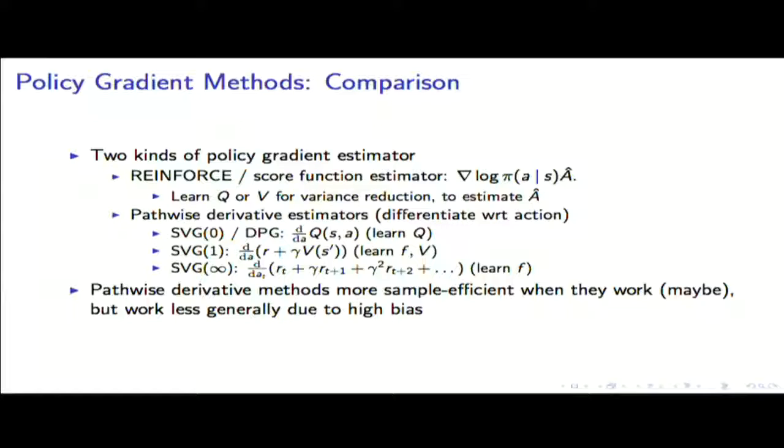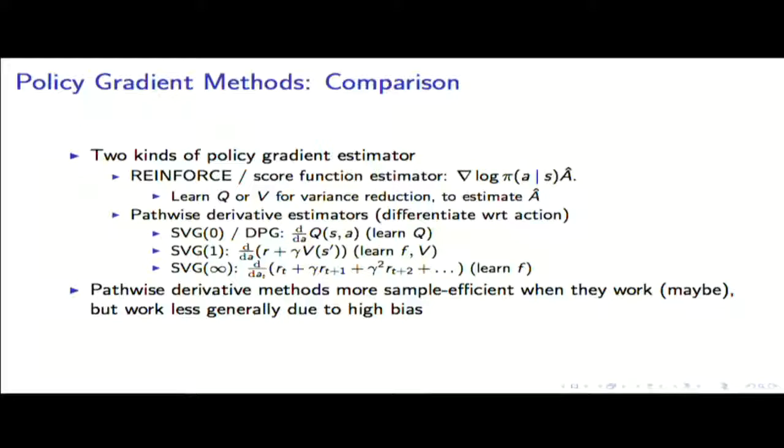That gives us an unbiased estimator. And then we can introduce bias. As we showed in the last class, we can make a bias variance trade-off, and we can try to choose an appropriate level of bias so that our gradient is still pointing in the right direction. But with these pathwise derivative methods, there's no way to totally get rid of the bias. So that's what the big problem is.